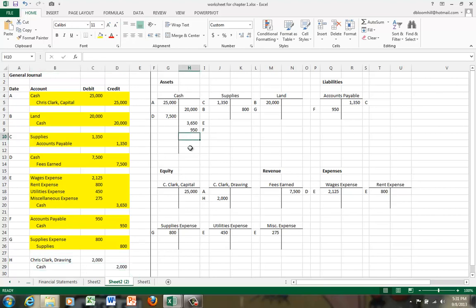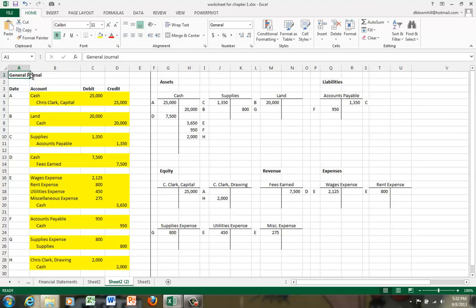So we go to our cash T, $2,000 on the credit side, transaction H, and now we note that we have posted transaction H. So at this point, we are now completely posted. We have now posted all of the transactions of Net Solutions. So you can kind of see it taking place in the accounts.